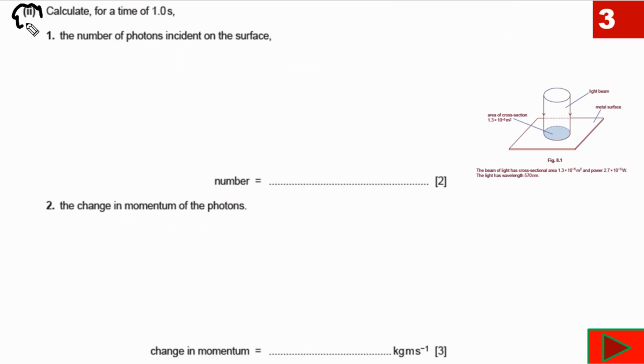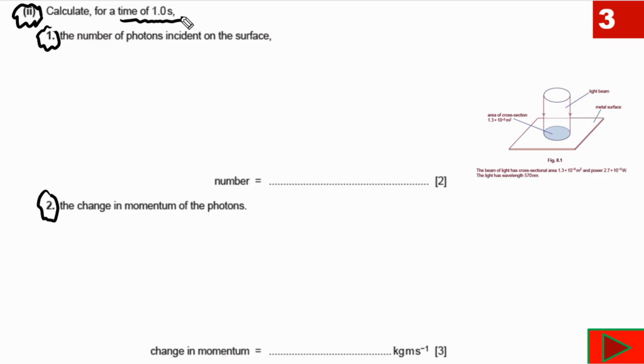For part B2, it is given to us that time is equal to 1.0 second, and this part is further subdivided into two parts, part 1 and part 2. It is easy for many students to understand that the time for part 1 is equal to 1.0 second. But when students go to part 2, they don't know what the time is.